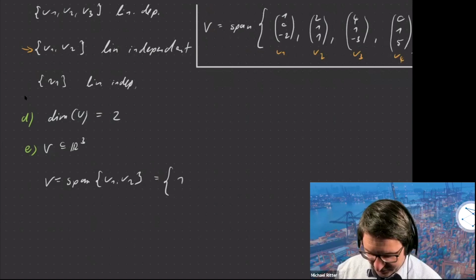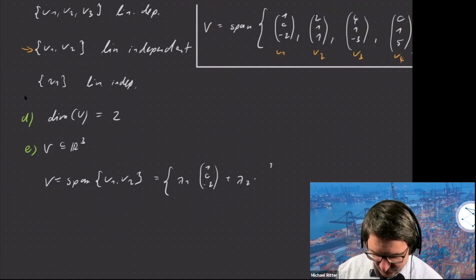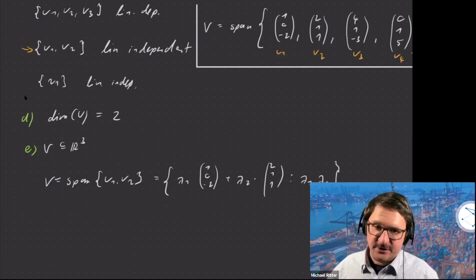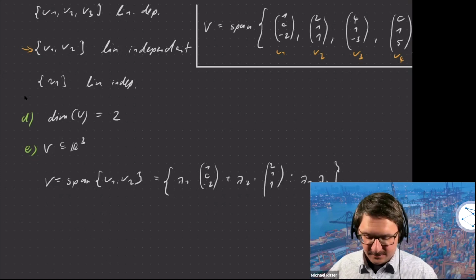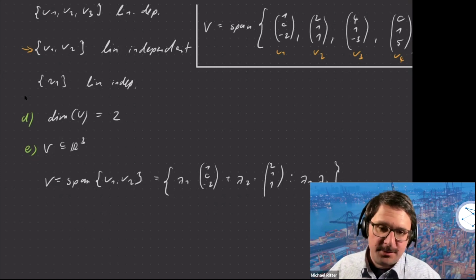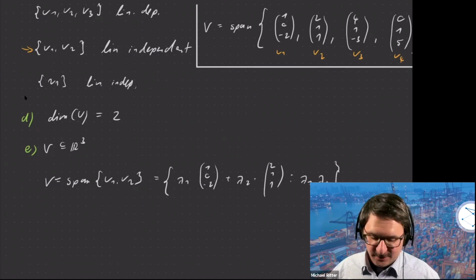So remember, V1 is 1, 0, minus 2. V2 is 2, 1, 1. So this here is the set of all linear combinations of those two vectors. Now we need to find a vector that cannot be expressed as a linear combination of those two.